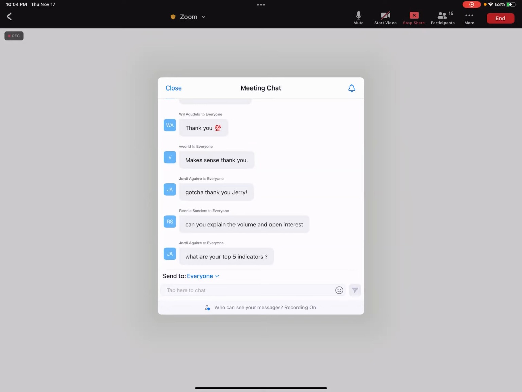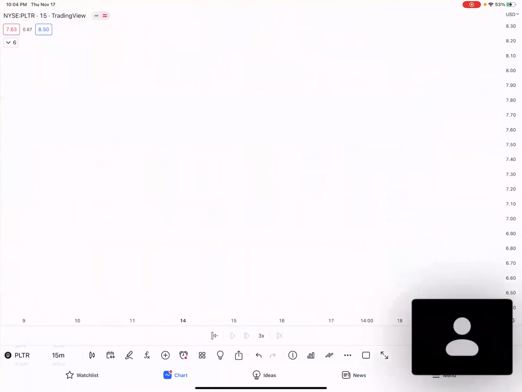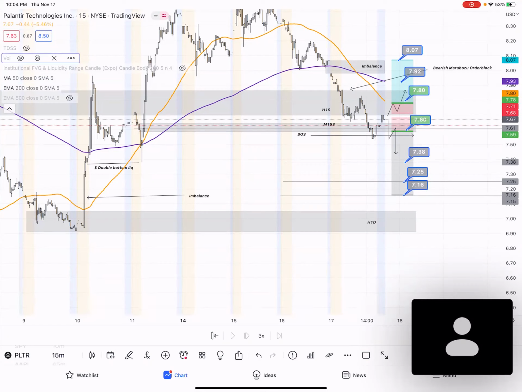What are your top 5 indicators? Me, myself, and I. No, I'm just kidding. My top 5 indicators. So I like the 200 moving average, the 50 moving average. I don't really use this volume indicator anymore because it's random.